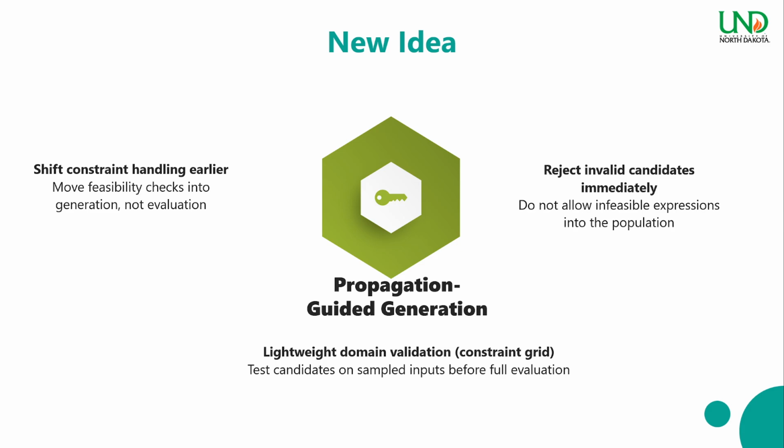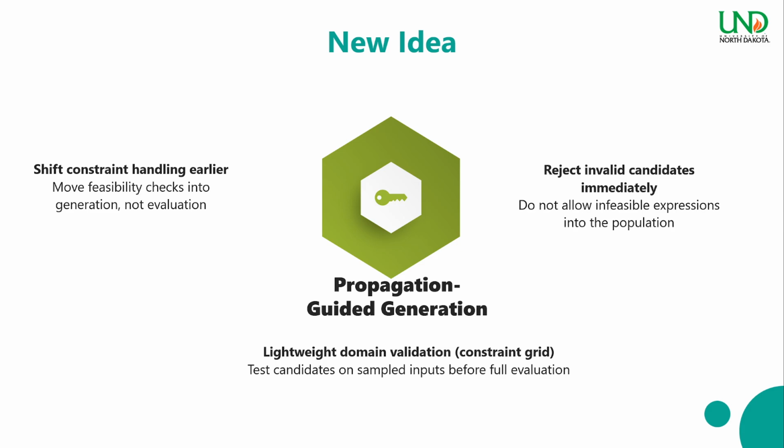If it violates the domain constraints, we can immediately reject it and generate a new one, so that it never enters the population. And then your population, you just replenish it with newly mutated and more likely to be valid expressions.